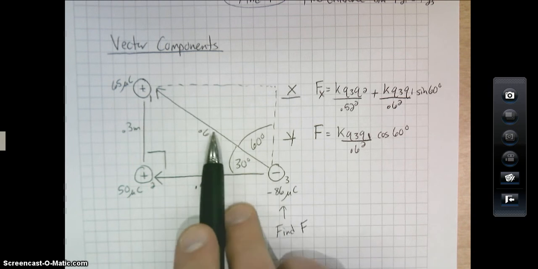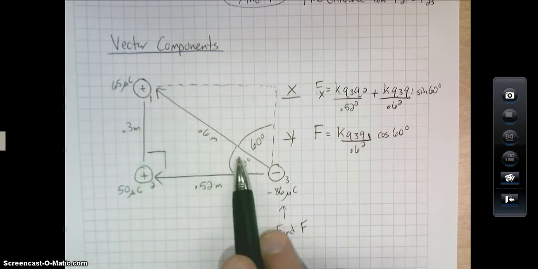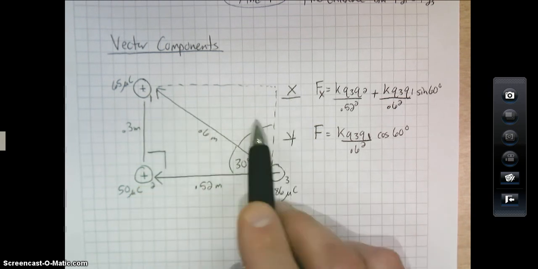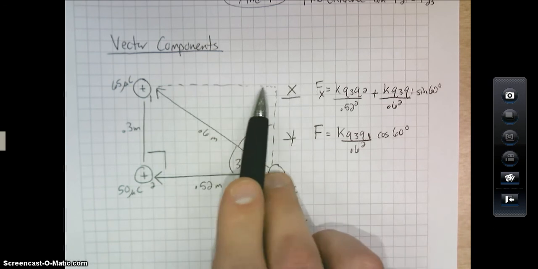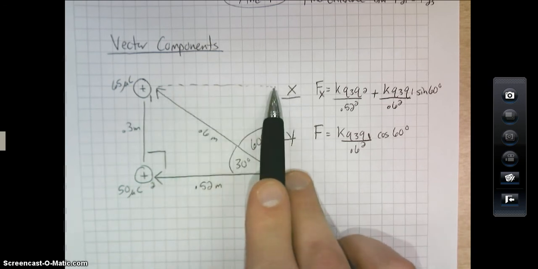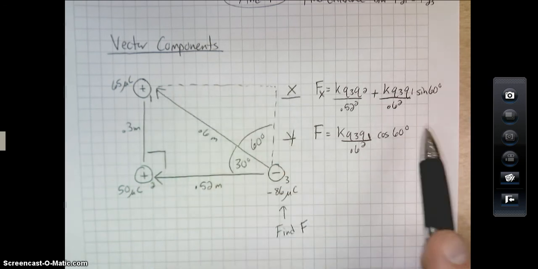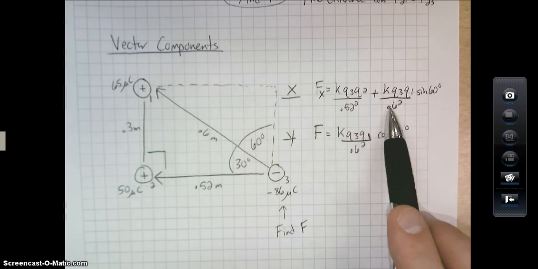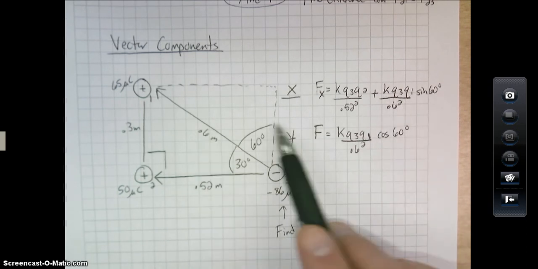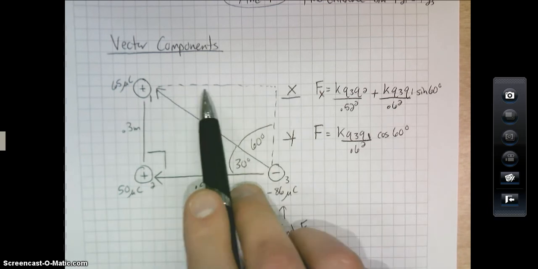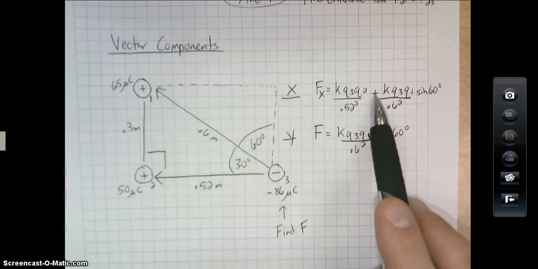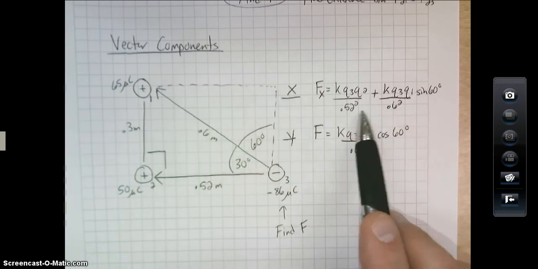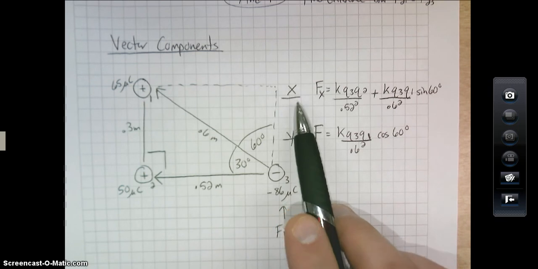There's also going to be an attractive force here, but if I'm only looking at the x, I only really want this component of it. So I'm going to have to add k Q3 Q1 over 0.6, that's the distance between them, squared, and I only want this component, so I'm going to take the sine of 60 of that particular value. That's going to give me the total attractive force in the x.